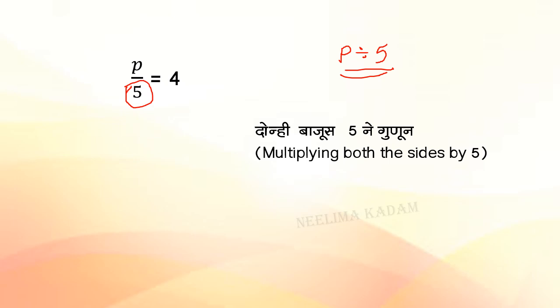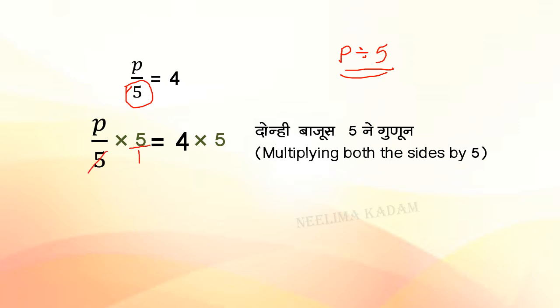दोन्ही बाजूस 5 ने गुणून. So on the left hand side p upon 5. On the right hand side 4 is there. On both sides we are multiplying by 5. Therefore multiply into 5, right hand side also into 5. Okay. So here, see here. This is 5 upon 1.